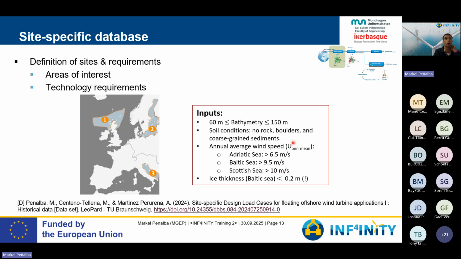So we will filter the whole areas with these conditions and identify the exact locations where these conditions are fulfilled. Also, especially in the Baltic Sea, we've considered ice thickness. If at any point during the year we have an ice thickness of over 0.2 meters, then we consider that that location or area is not adequate for the deployment of the wind farm.